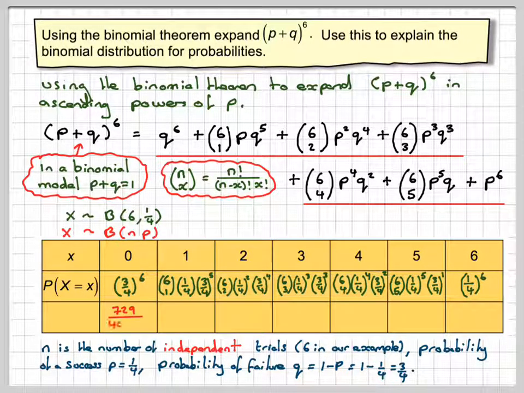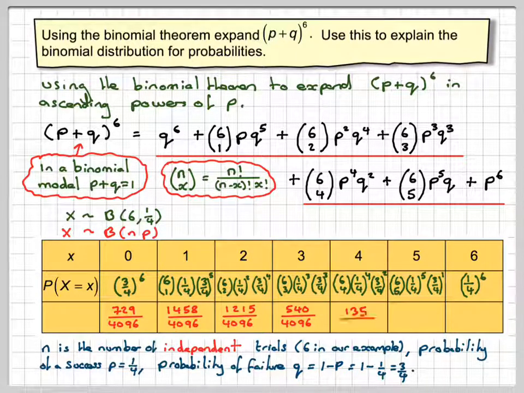If we work these out, you can work this out using a calculator: 729 over 4096, 1458 over 4096, 1215 over 4096, 540 over 4096.